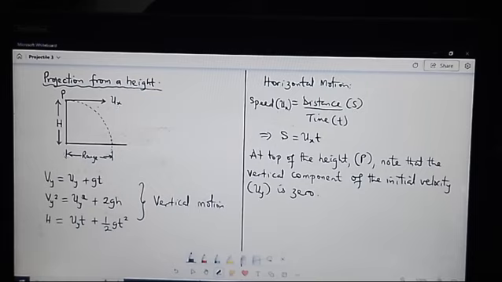Now, this is the horizontal range, that is the distance from the foot of the building to where the object touches the ground again. Then h is the height, that is the distance from the ground level to the top of the building.